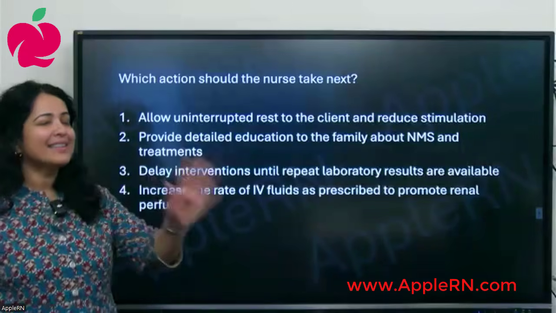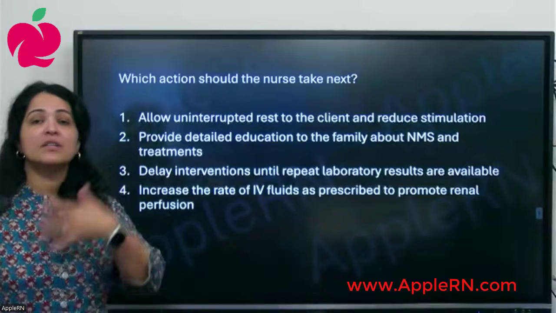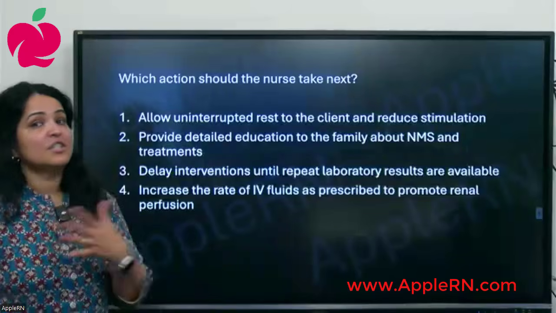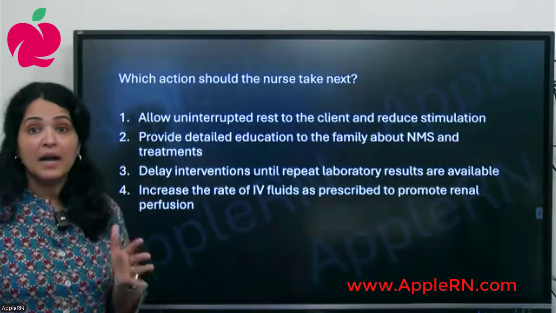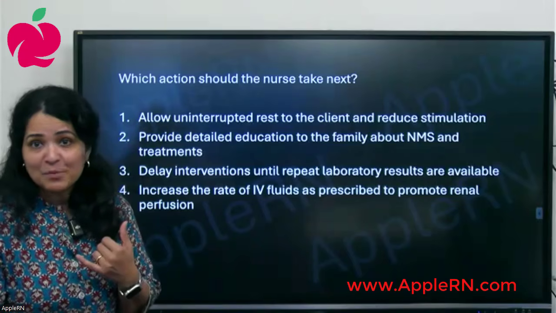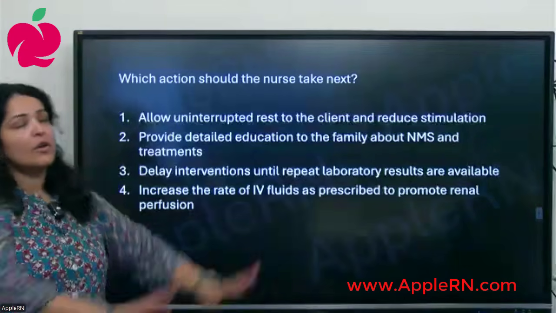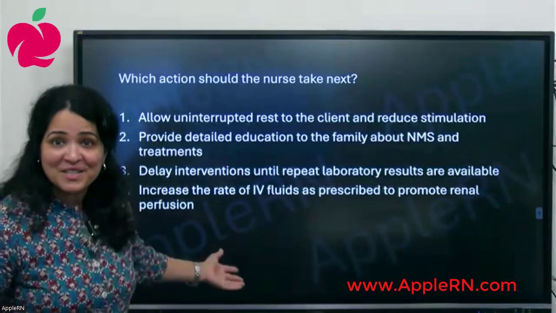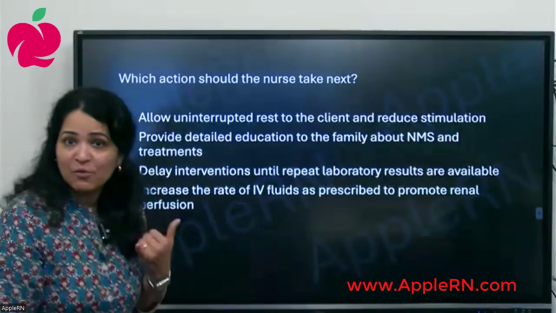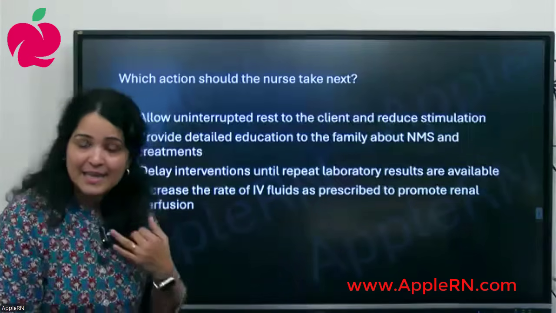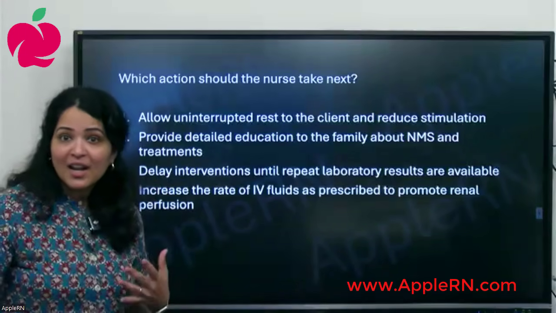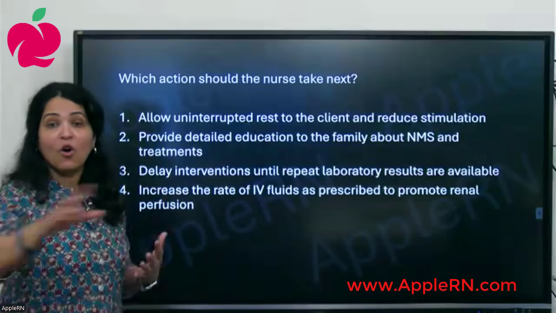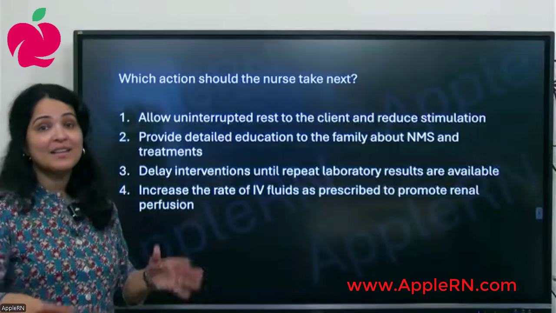I don't want to create a lot of stimulation because of seizure precautions and all those things, but I need to keep checking on this patient. I cannot just say, you sleep now, I will come back later. No, this is an emergency kind of situation, right? I will be taking vital signs frequently. I'll be checking pupillary reaction, and all those kinds of labs and assessment.